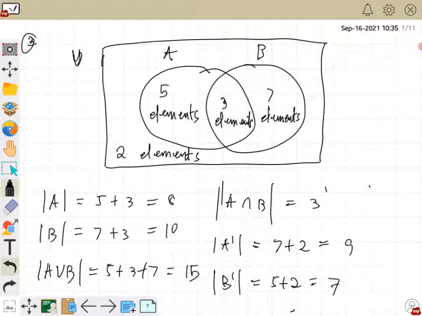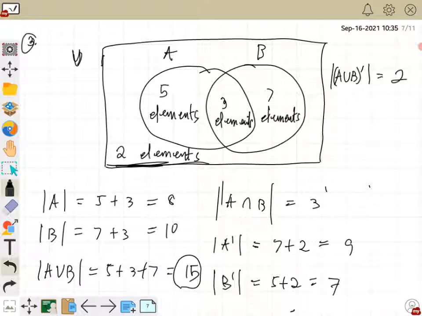How about if we say the complement of A union B? If we combine A union B, how many elements are outside of this combination? We already know that the union of A and B is the entire two circles. So how many elements are outside those two circles? Basically that is 2 elements here.